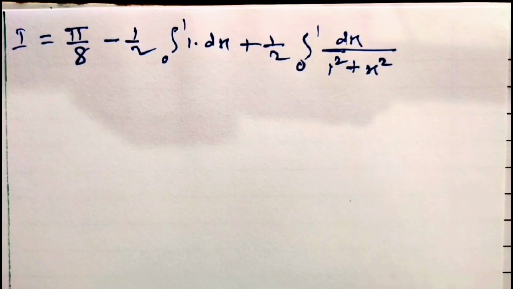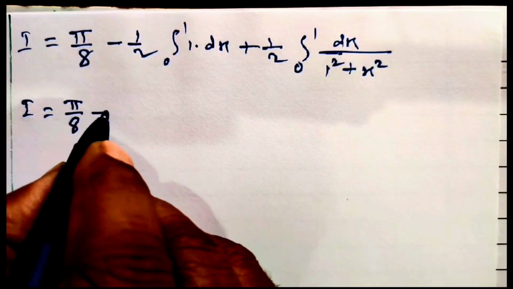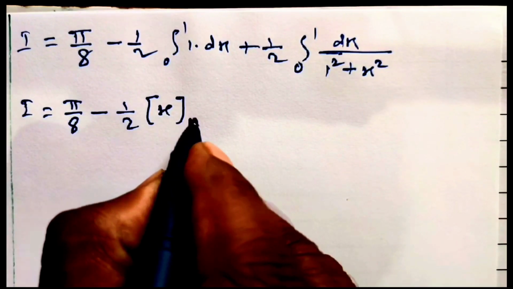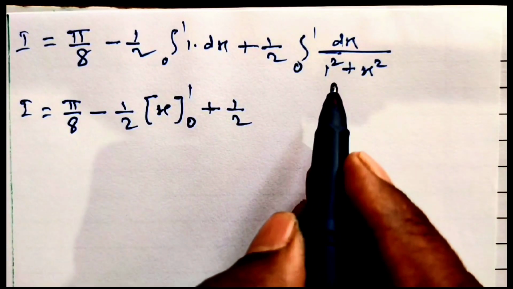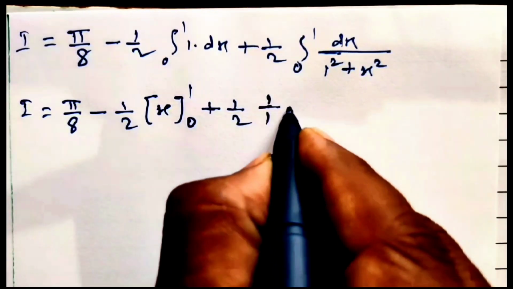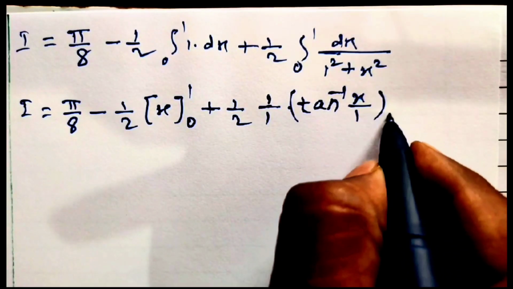Now applying the integral formula, I is equal to pi upon 8 minus 1 upon 2 integral of 1 is x, limits from 0 to 1, plus 1 upon 2 integral of dx upon 1 square plus x square. This is 1 upon a tan inverse x upon a, limits from 0 to 1.